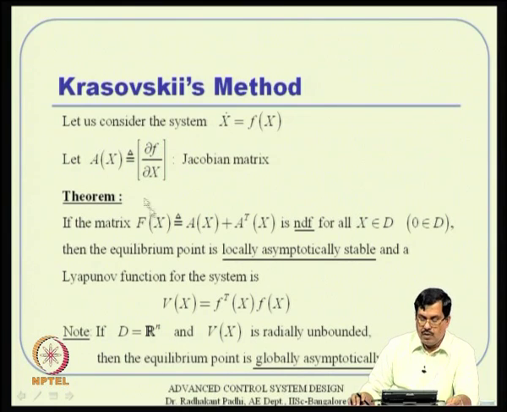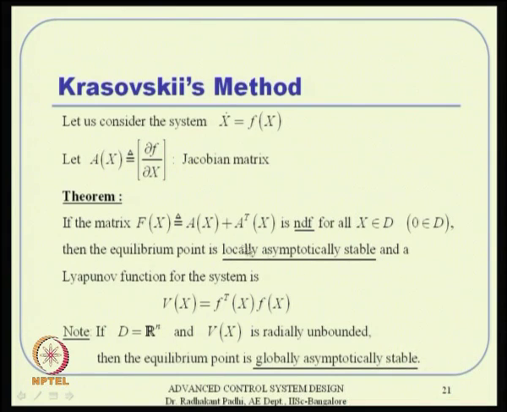Once you compute that, then you select A plus A transpose as another matrix, big F of x, and then this equilibrium point is locally asymptotically stable if this big F of x is negative definite. The corresponding Lyapunov function by construction will be f transpose f. That is very easy to see.